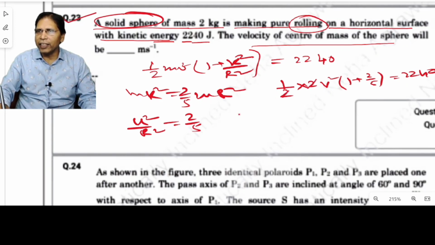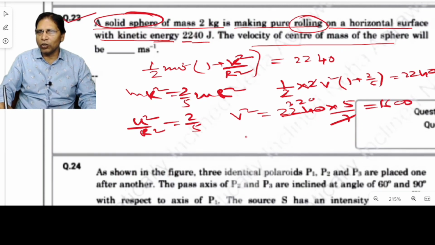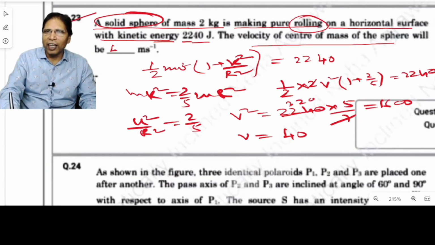Now this and this cancel out, so v square equals 2240 into 5 by 7. Now this is 320, and 320 into 5 is 1600. v square equals 1600, so v equals 40. So the velocity of the sphere is 40 meter per second.